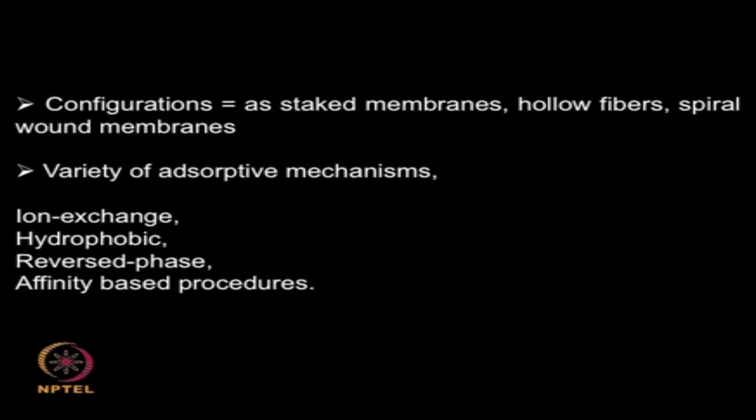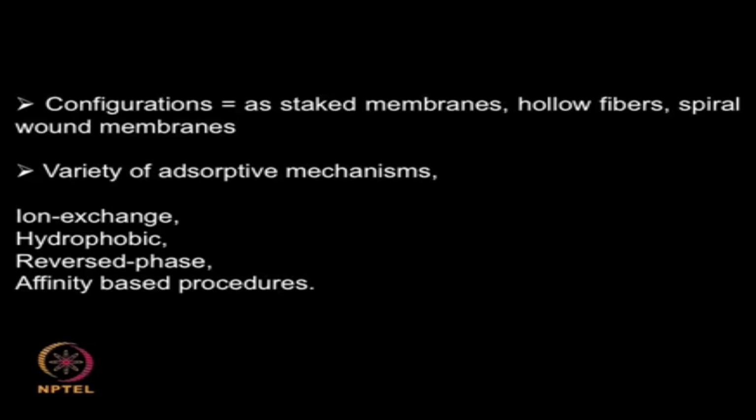So you have stacked membranes, hollow fiber membranes, you can have spiral wound membranes for membrane chromatography. In a normal adsorptive mechanism, you may have ion exchange, hydrophobic, reverse phase, affinity based procedures. So we can use all these procedures for adsorption of the active ingredient on top of the membrane material.